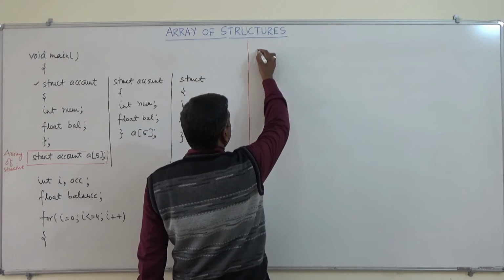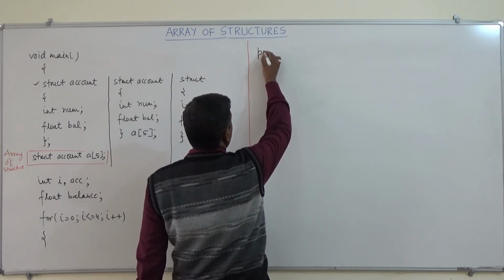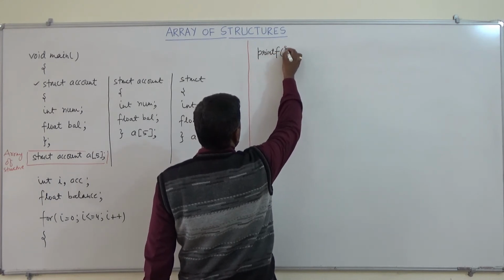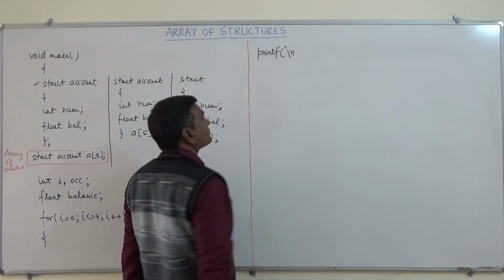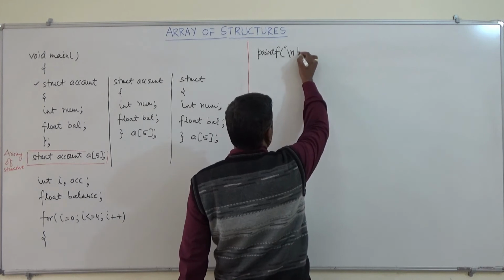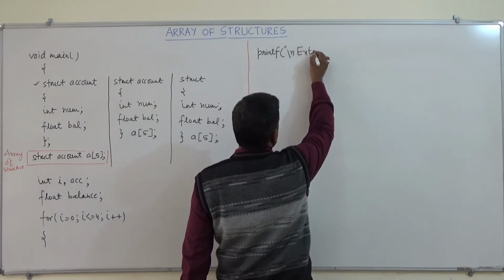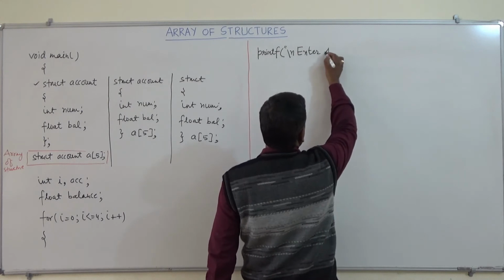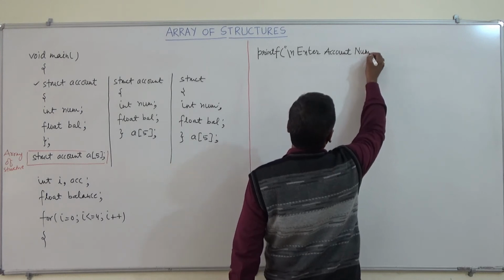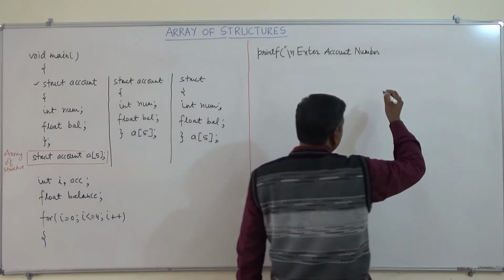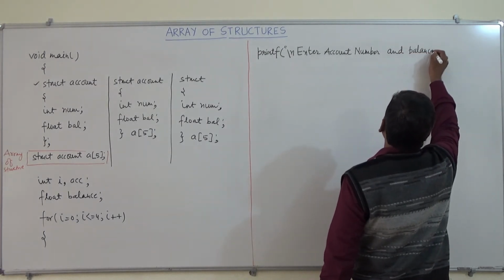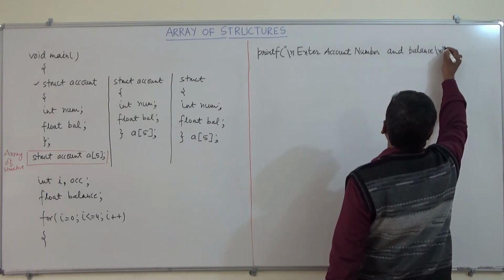Now we will enter the value of the account number and balance. So we can use the printf function. We can write here: enter account number and balance, then slash n.